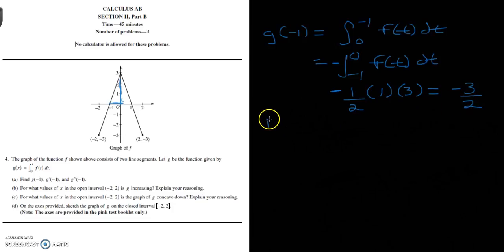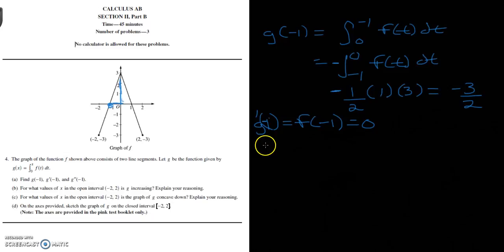Okay, the next part of the question: g prime of -1. So g prime of -1 is this point right here, which is f of -1, because it's the derivative, which is 0.